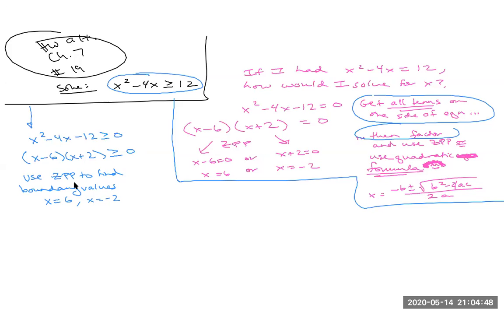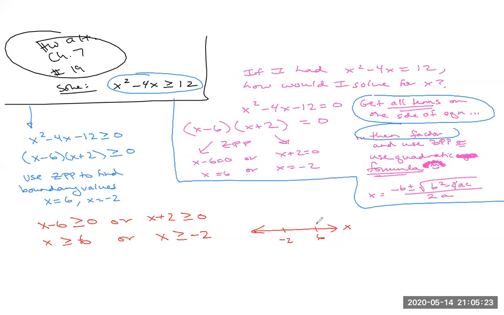Now, in the next step, be very careful here. You're going to want to say, and let me put this in red so you know it's wrong, oh, x minus 6 can be greater than or equal to 0, or x plus 2 can be greater than or equal to 0. And then when you plot it, you're going to say, okay, so here's my negative 2, here's my 6.